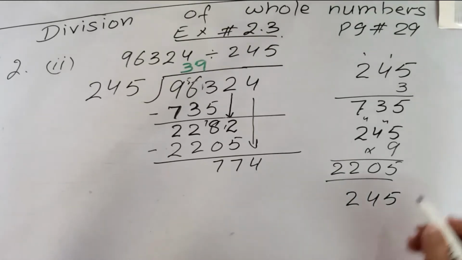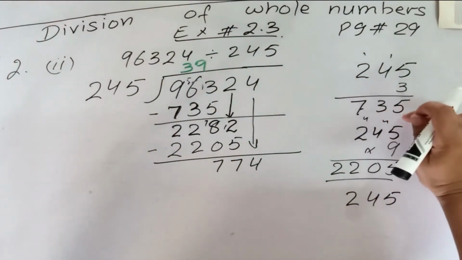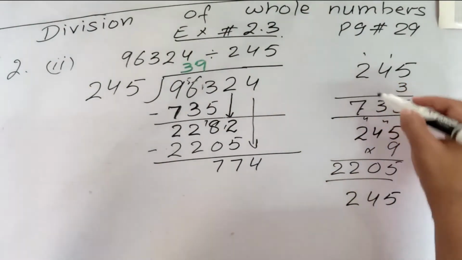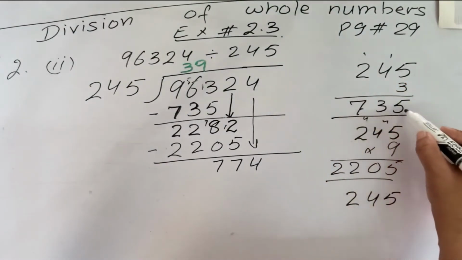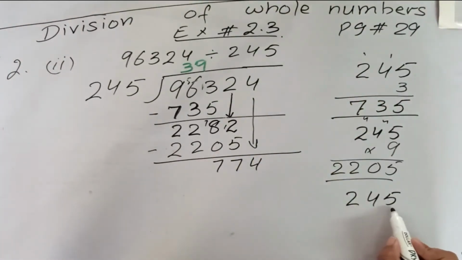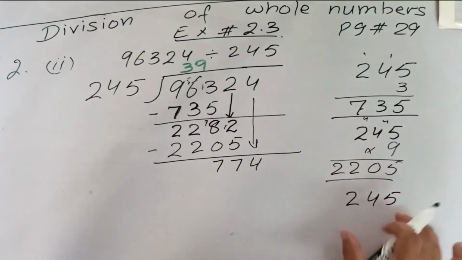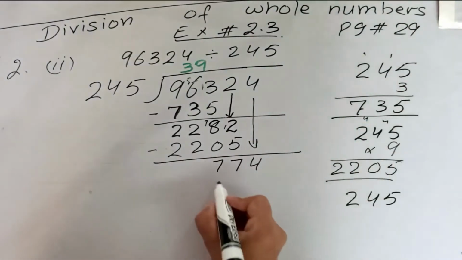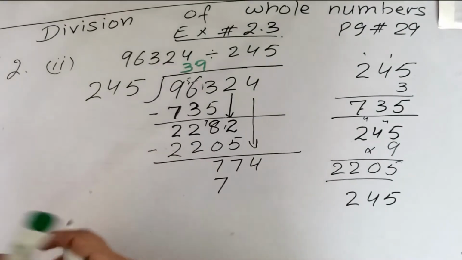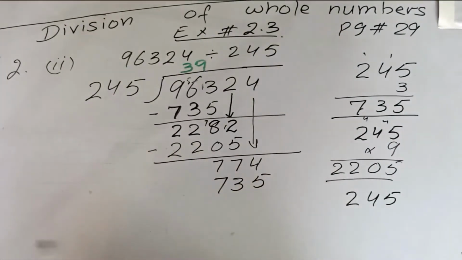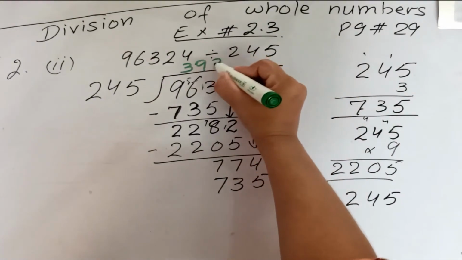So I am again taking 3 because you can see over here I have multiplied it with 3 and I get 735, and this is nearer to that value, so I can again take this value. So I don't have to write it again, solve it again. I can take this value from here. It would be 735. And what number is this? This is 3.